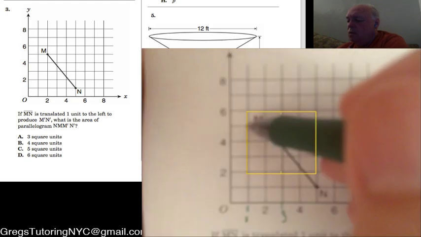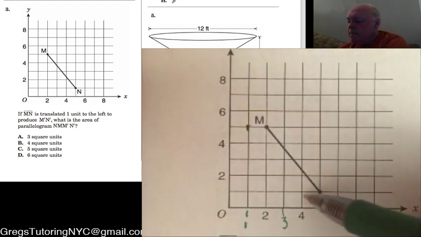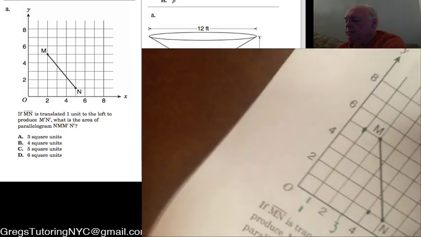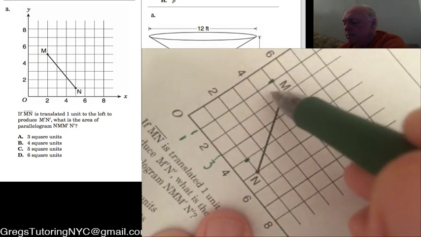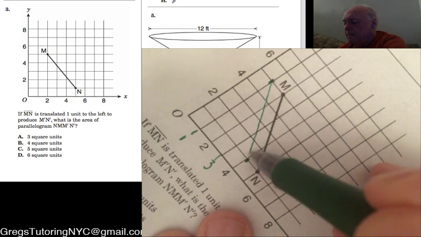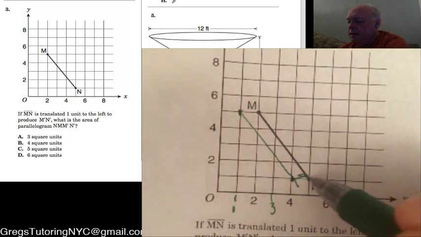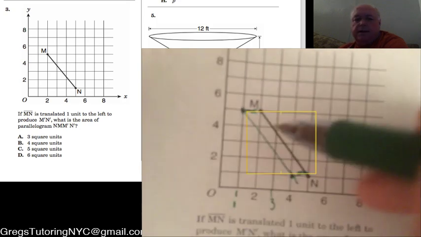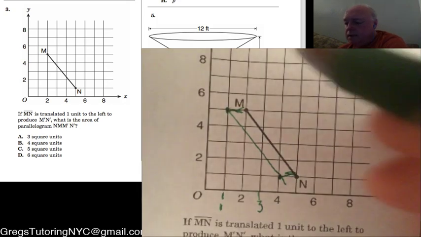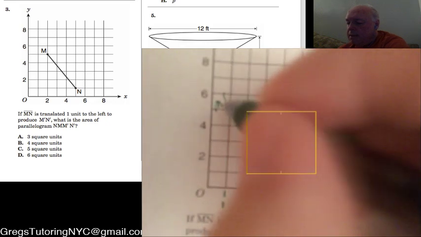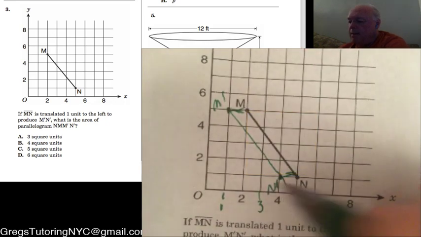So if it goes over 1, we're going to have something like this. And they're telling us it's making a parallelogram. So we have basically M prime and N prime.